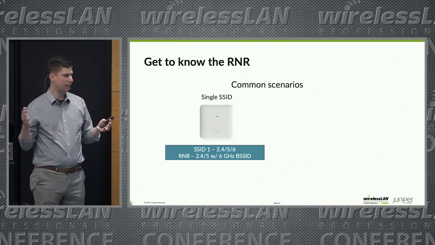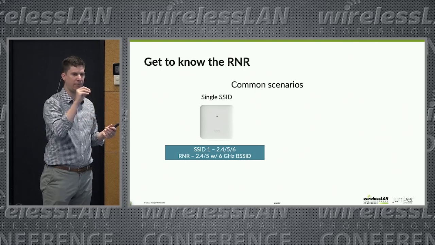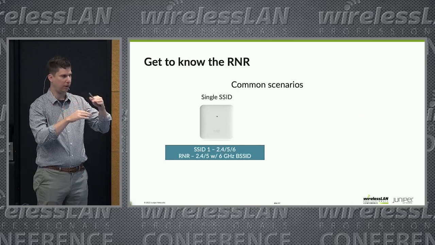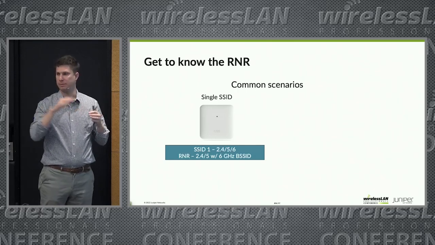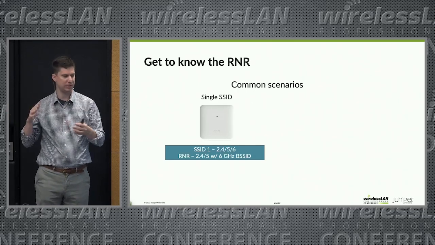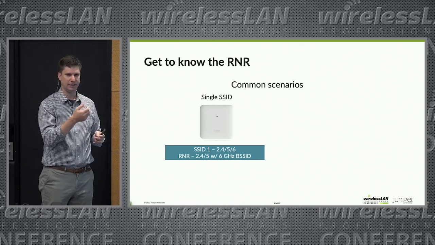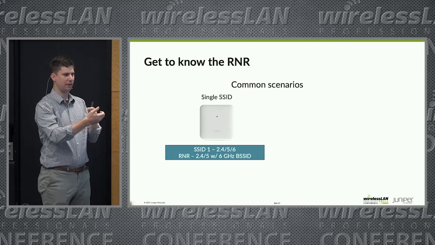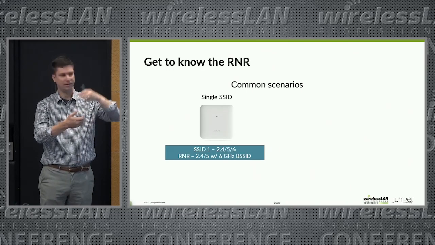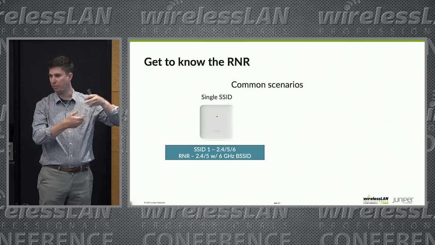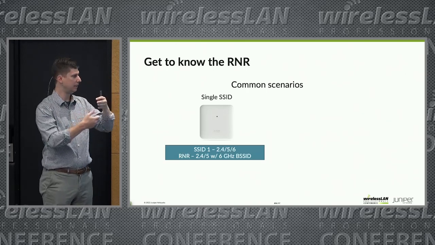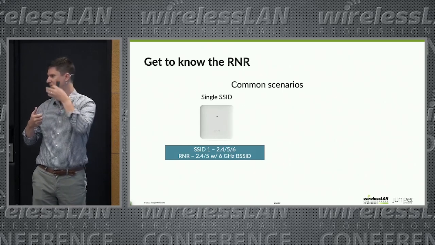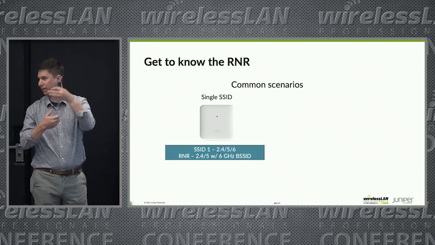In the 2.4 and 5 gigahertz beacons, you would put in the RNR element the 6 gigahertz BSSID and channel information. That way, as a client, I see that and say, oh, there's a 6 gigahertz BSSID on channel 85. Let me go look at that. And I'll probably still do a probe, right? This doesn't replace the probe, because I want to validate that that AP is actually there.